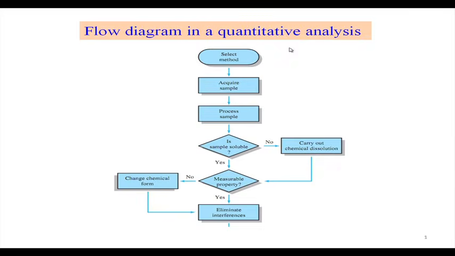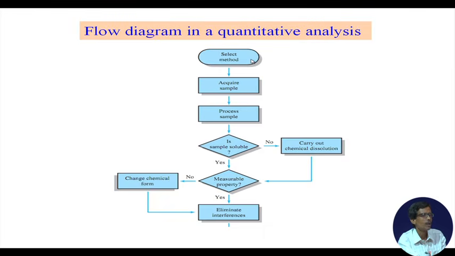First, we have to select a particular method, and in that methodology we must focus our attention on what particular method we will be utilizing to analyze this particular unknown sample.